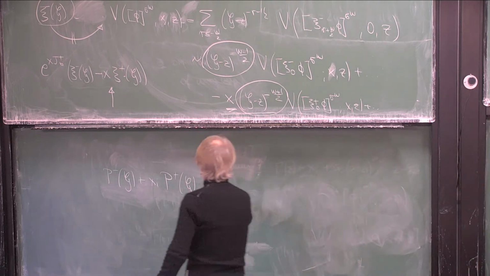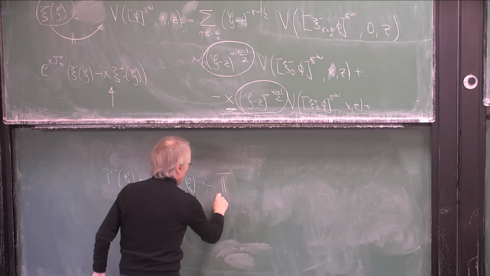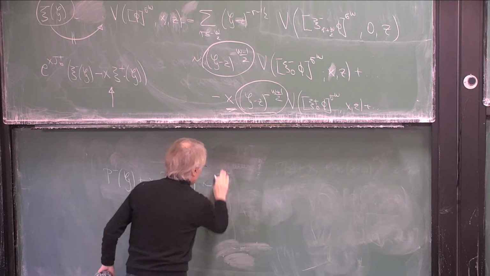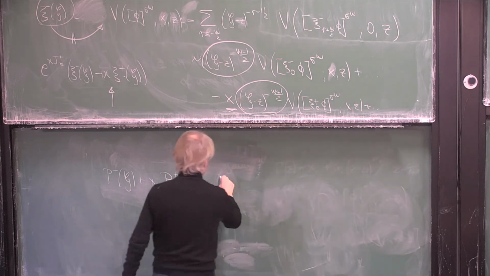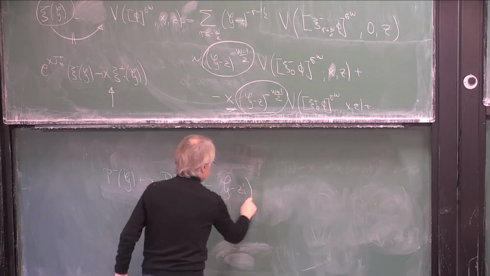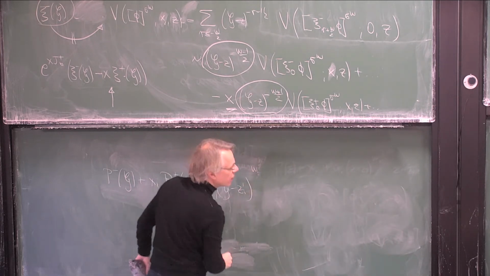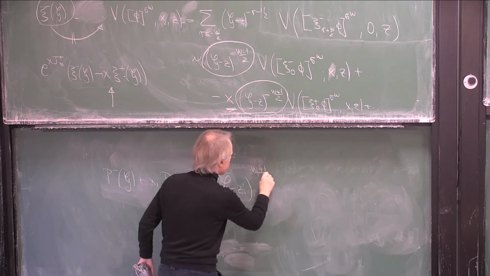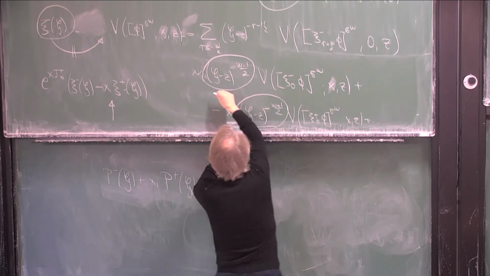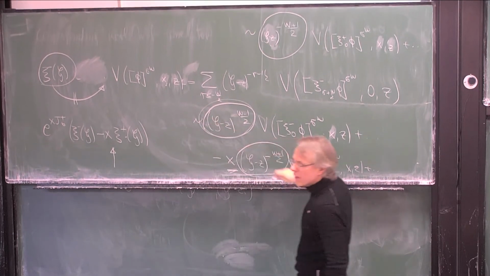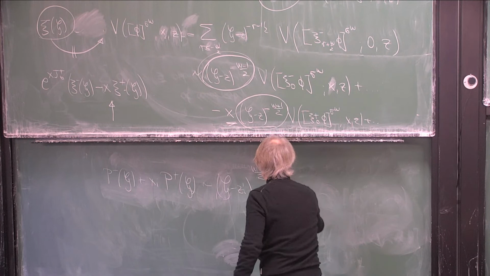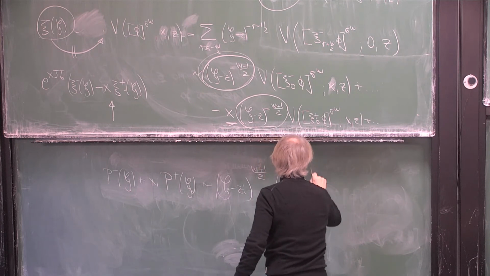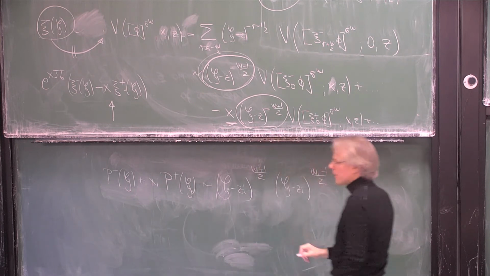So this will go like the product over i of the relevant piece of this prefactor, which is zeta minus zi to the wi plus 1 over 2, times the term that comes from the remaining piece of the psi minus correlator, which is zeta minus zi to the wi minus 1 over 2.